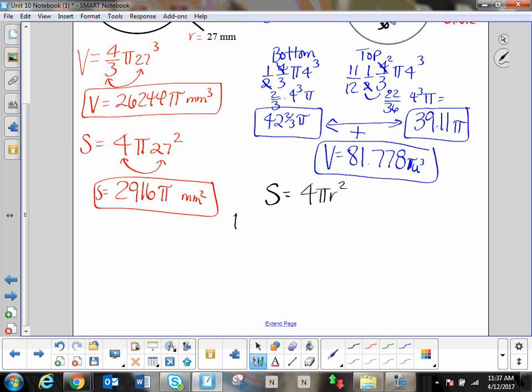Okay, that would be that 4 pi r squared by what? 2 pi r squared. So 2 pi 4 squared. So 16 times 2, 32 pi. All right, so this is the bottom. Box that. 32 pi.